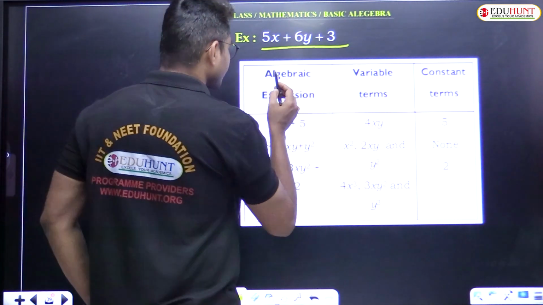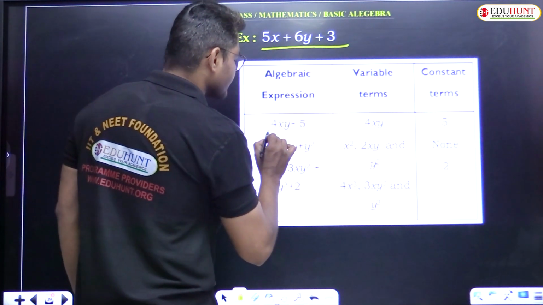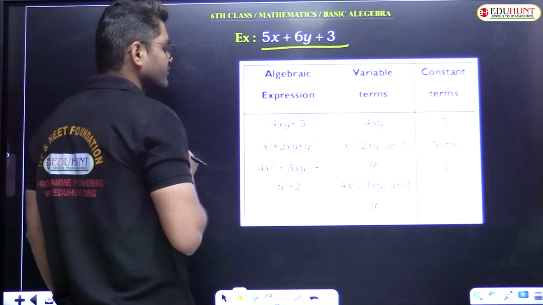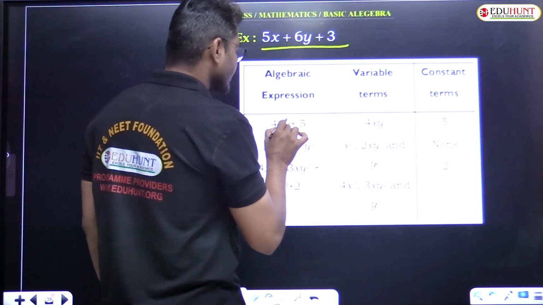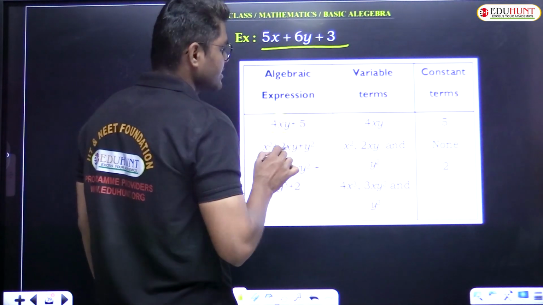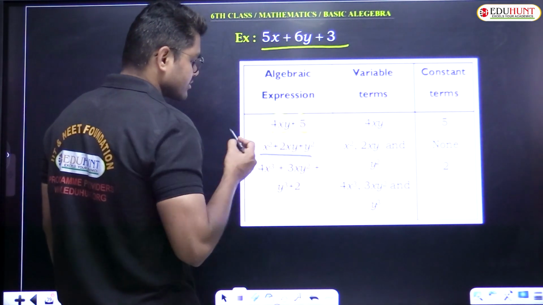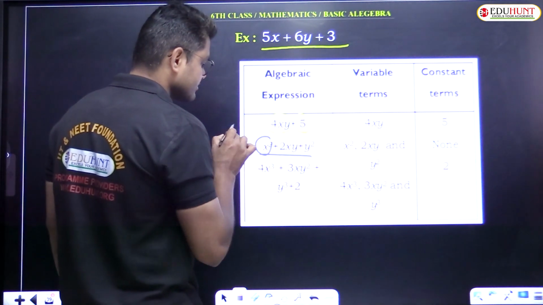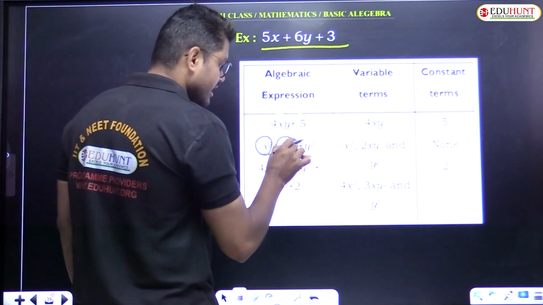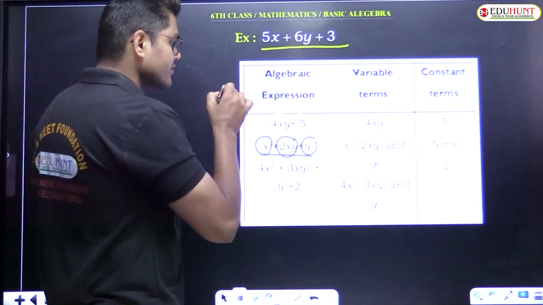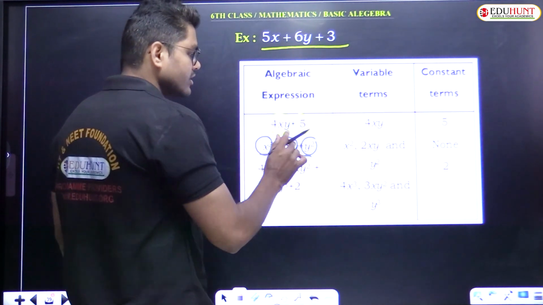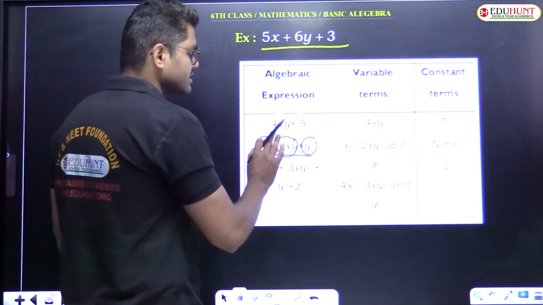Here, the first algebraic expression is 4xy plus 5. In this one, the variable term is 4xy, and the constant term is 5. In the next algebraic expression, x square, 2xy and y square are three variable terms and no constant term is there.